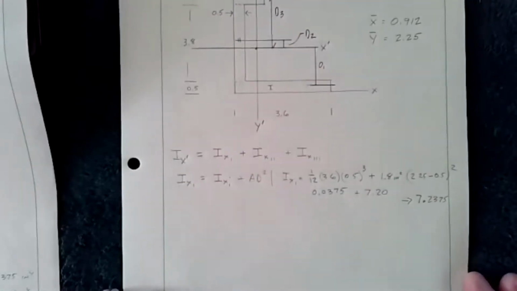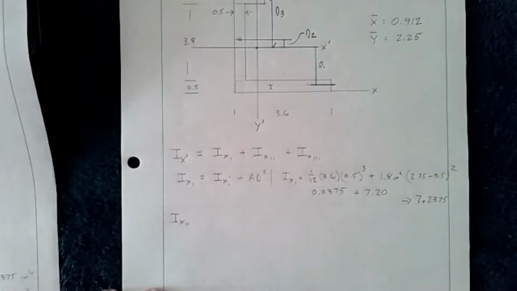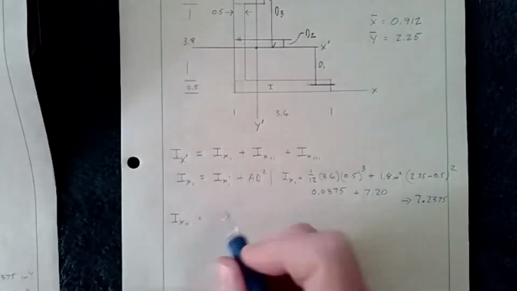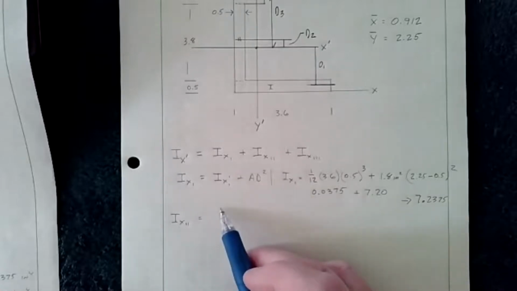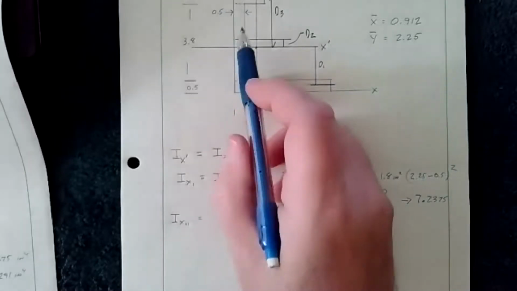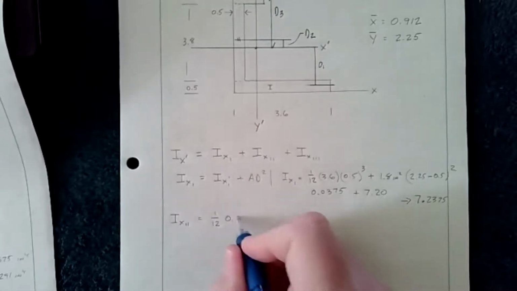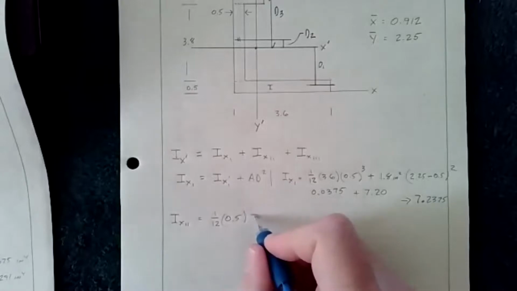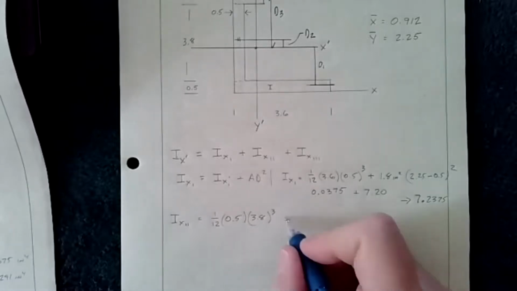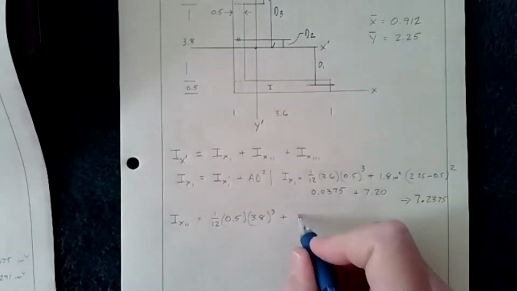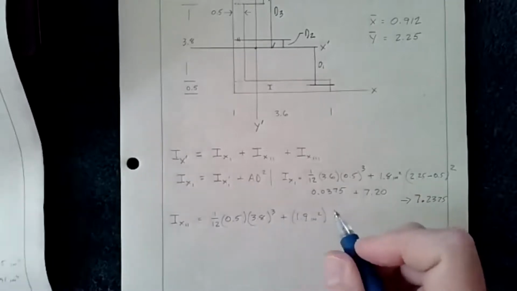So let's go do Ix2. For that one, I'm not going to write the equation. We know it's still going to be Ix prime plus Ad squared. So I'll just put in the Ix, the centroid for this section. That's going to be 1/12, and then the base, in this case, is only 0.5 thick. The height is 3.8 cubed, and then plus the area, in this case 1.9, because 3.8 times a half is 1.9 inches squared, and then the distance.